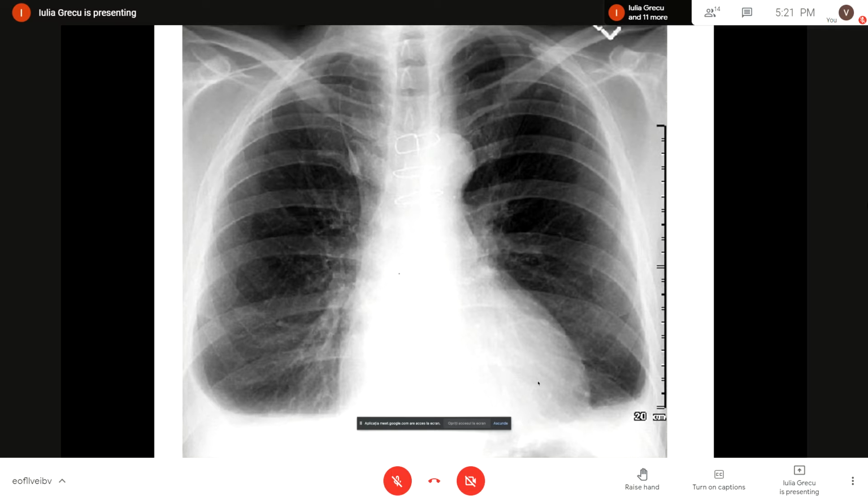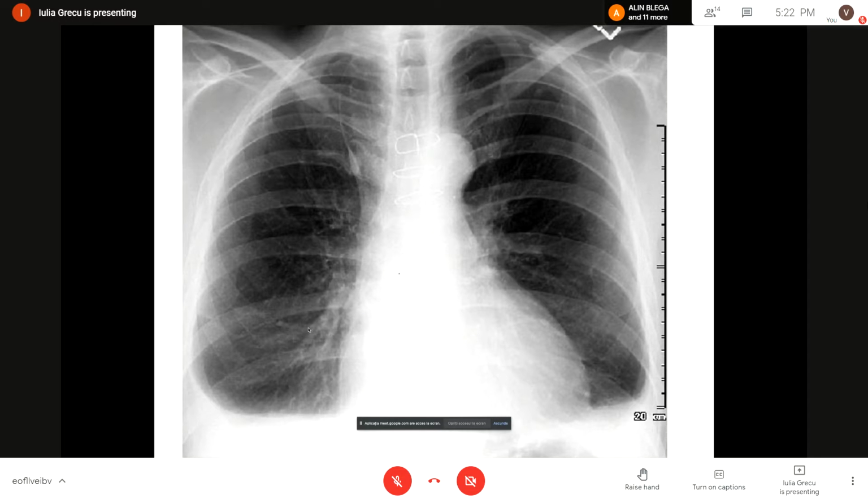Probably on both sides. On both sides, so you mean these regions here? Yeah. Okay. This is only if you carefully watch these markings. These are normal or a bit increased in size vascular markings. There are some other clues that can point you towards the right diagnosis.